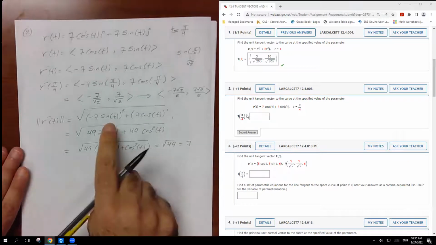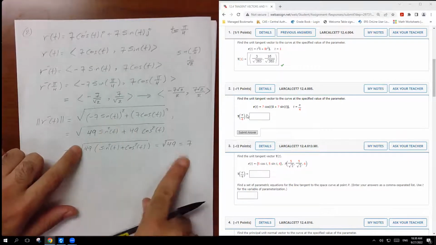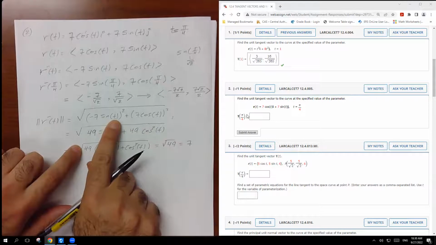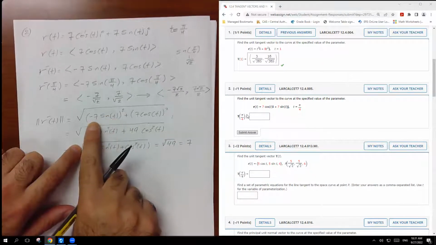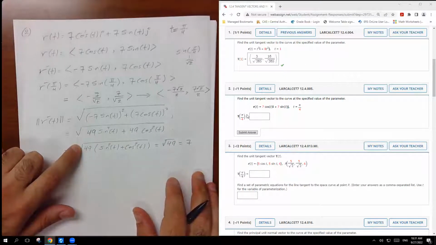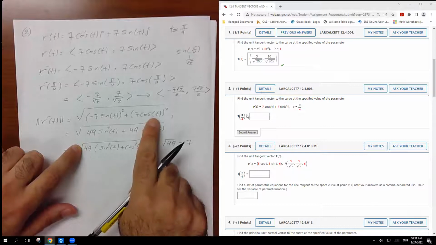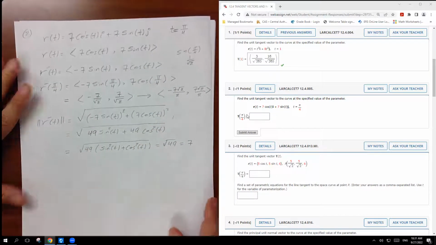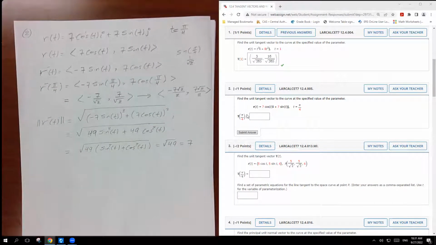The same thing. Let's try if you plug in pi over 4 here. That means it's going to be -7. I'm going to do it on another paper because we have to get the same result if we plug in or not.